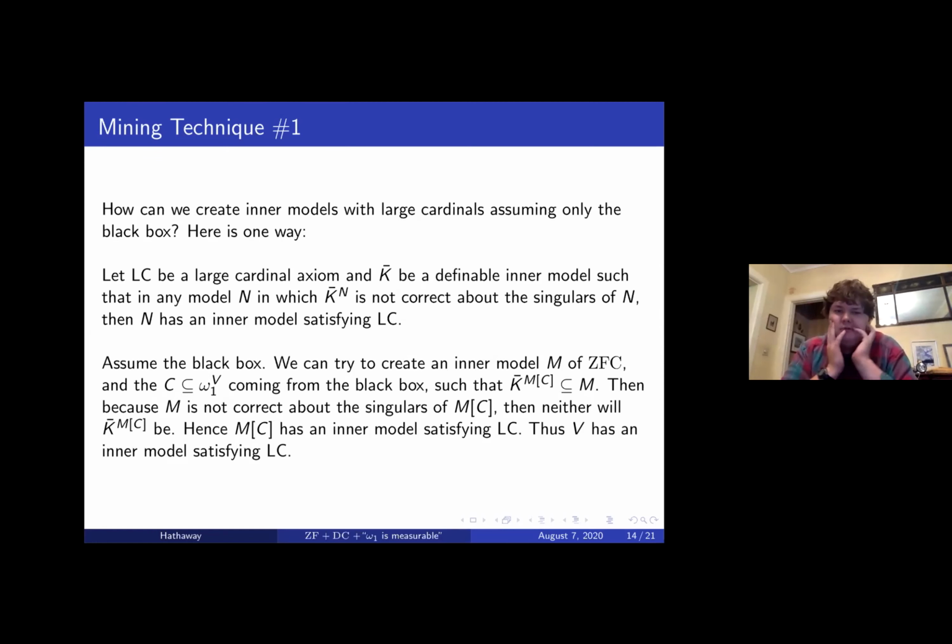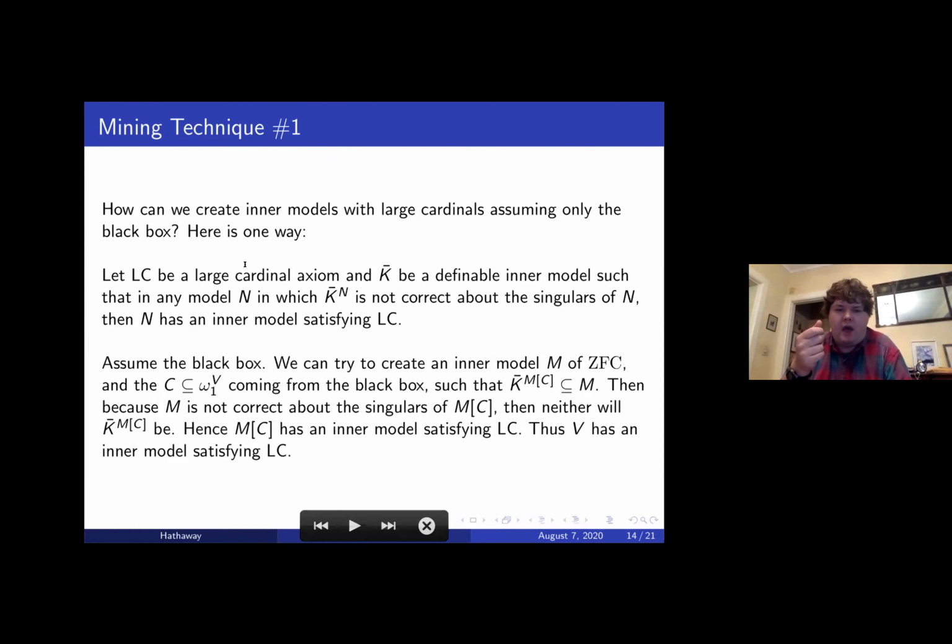Often you have the situation where there's a large cardinal axiom and a definable inner model such that if the definable inner model is not correct about singulars, then there is an inner model with that large cardinal axiom. This happens, for example, with an inner model with a measurable cardinal and the Dodd-Jensen core model.